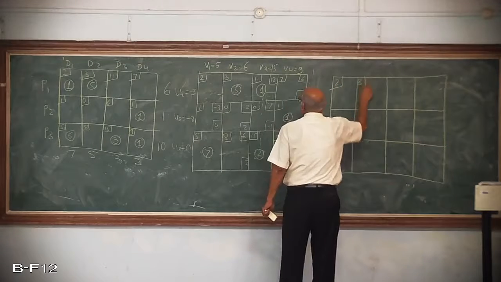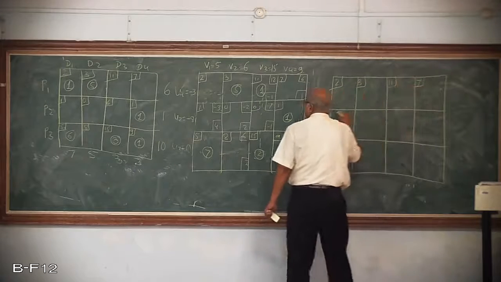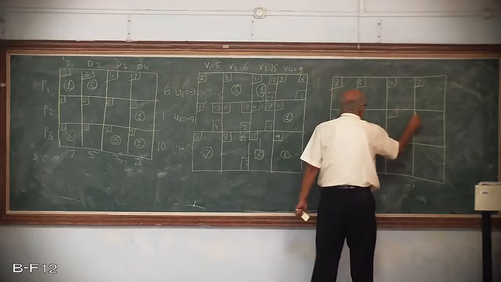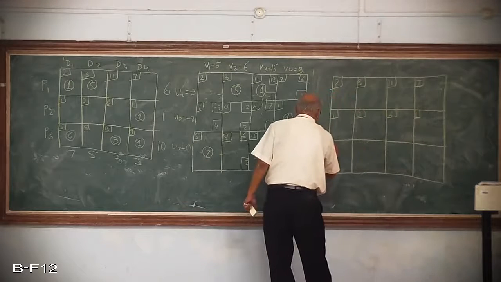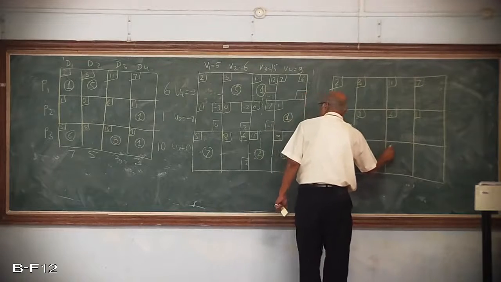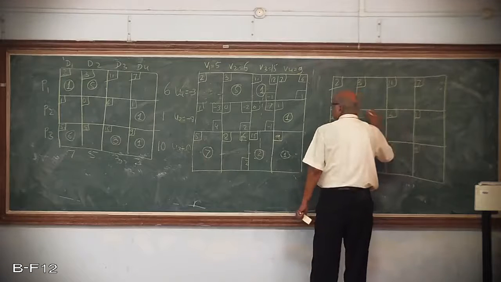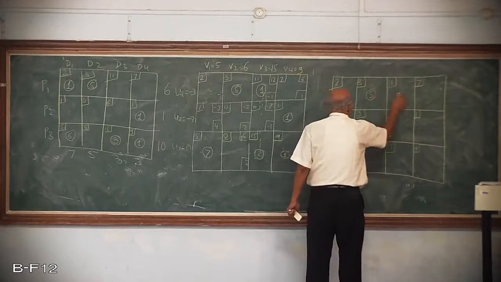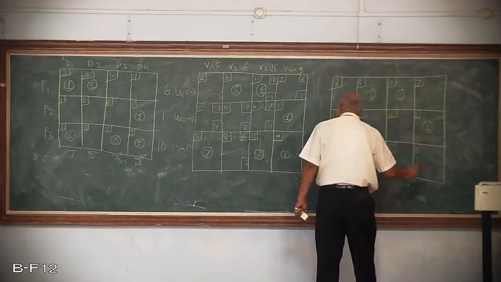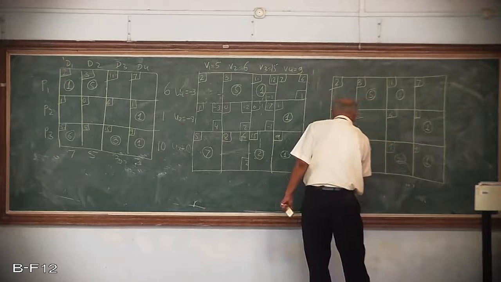Two, 3, 11, 7, 1, 0, 6, 1, 5, 8, 15, 9, and the allocations are 5, 1, 1, 1, 2, and 7.